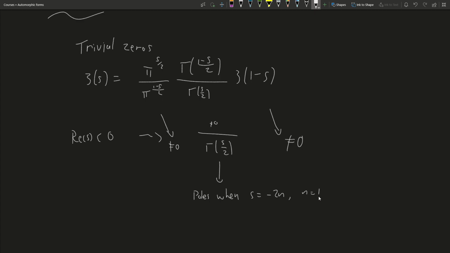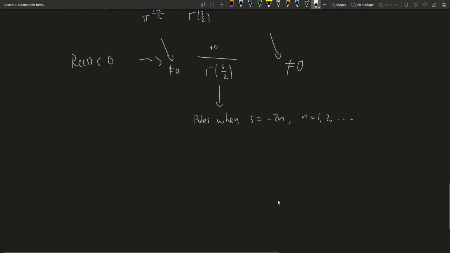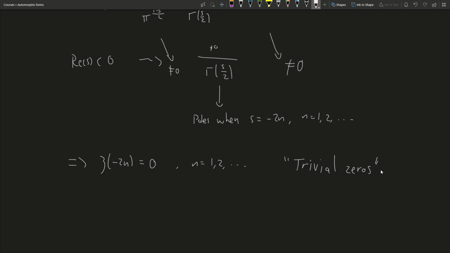So this is going to be for n equals 1, 2, etc. And what that means is that our Riemann zeta function is going to vanish at the negative even integers. And these are what people call the trivial zeros of the Riemann zeta function. And the Riemann zeta function doesn't vanish outside of these.